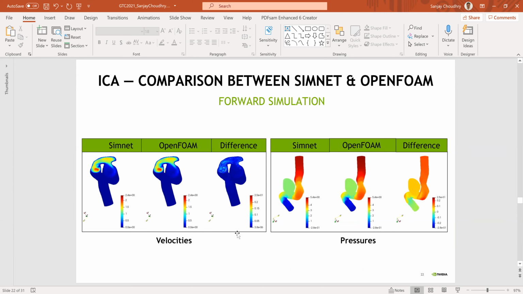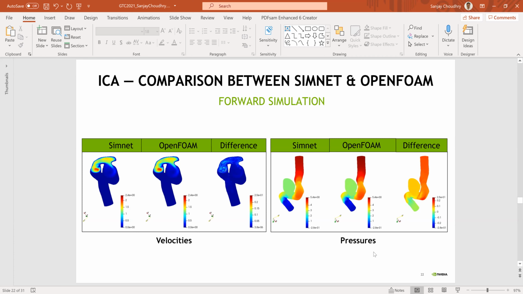This is a solution using the forward approach, and this is actually a very difficult problem for neural networks to solve as a forward problem. That's why many of the problems that you see in literature using PINNs, physics-informed neural networks, are solved as inverse problems or data assimilation problems, where you have some data available. Here, no data was given, only the problem description, and we got excellent results in velocity and pressure comparison with OpenFOAM.